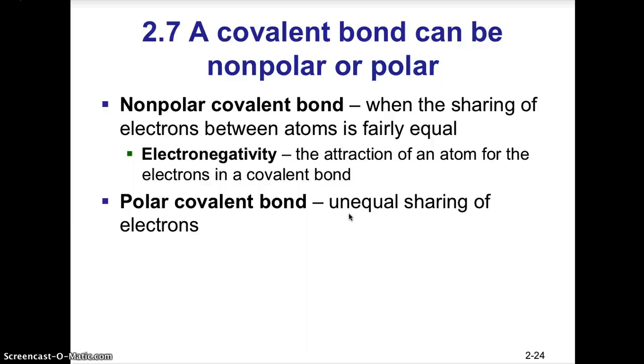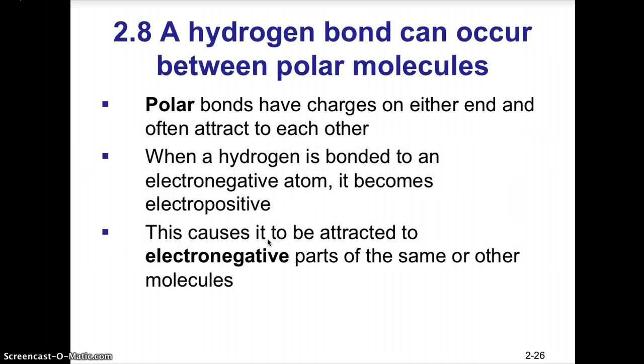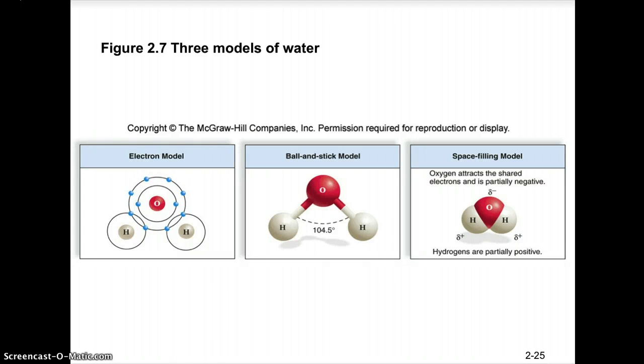In polar covalent bonds, you have unequal sharing of electrons between atoms, and that is due to differences in electronegativity. So a nonpolar covalent bond is when the electrons are being shared equally. A polar covalent bond is when you have unequal sharing of electrons. And that will take us into our next topic, which will be the properties of water. That's all for bonding.